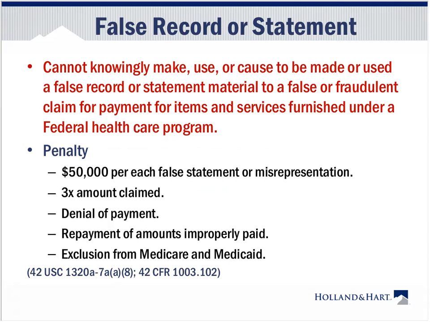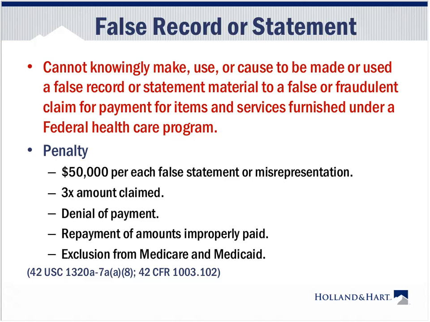Okay, so here we go. These are additional penalties on top of those other penalties. You cannot knowingly make, use, or cause to be made or used a false record or statement material to a false or fraudulent claim for payment for items and services furnished under a federal health care program.